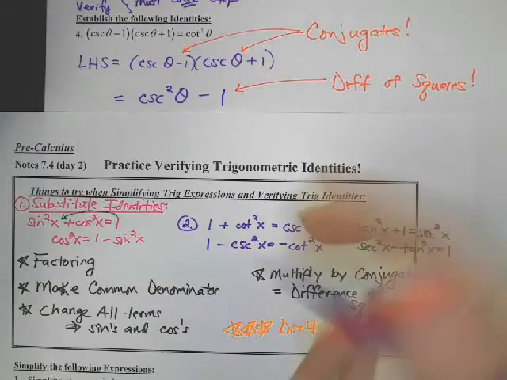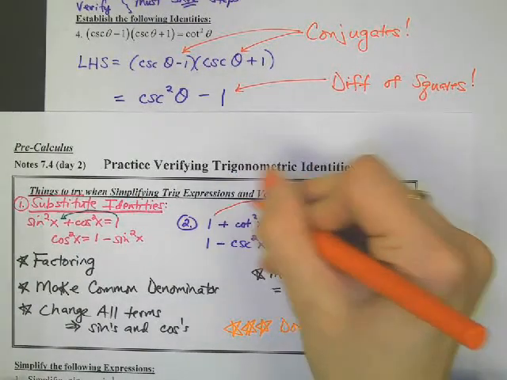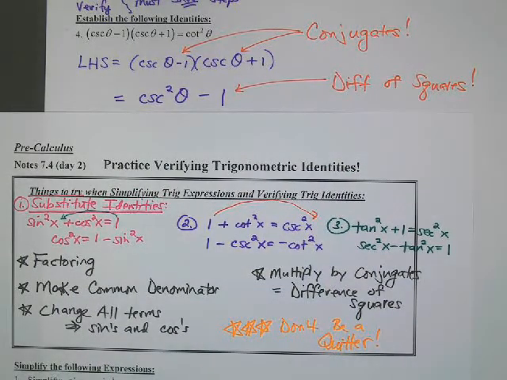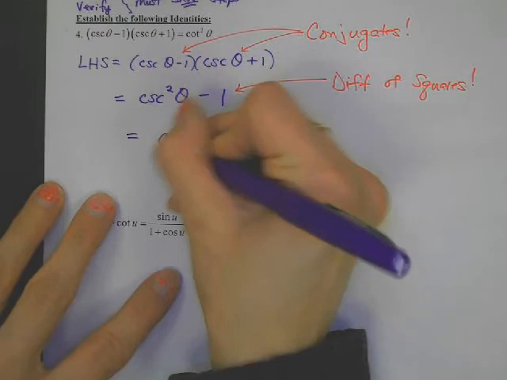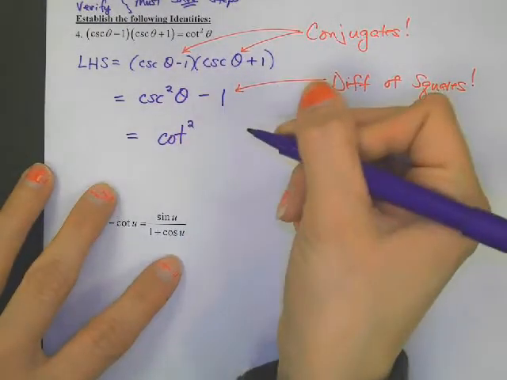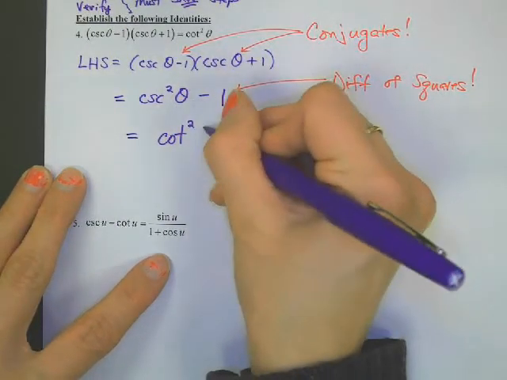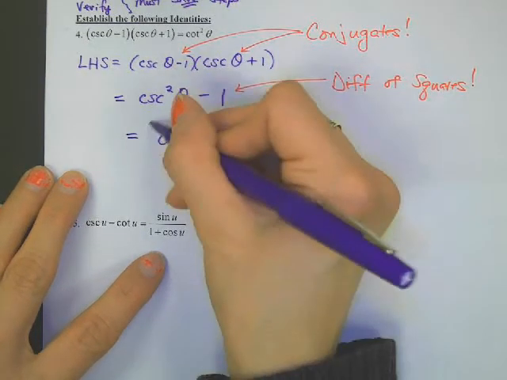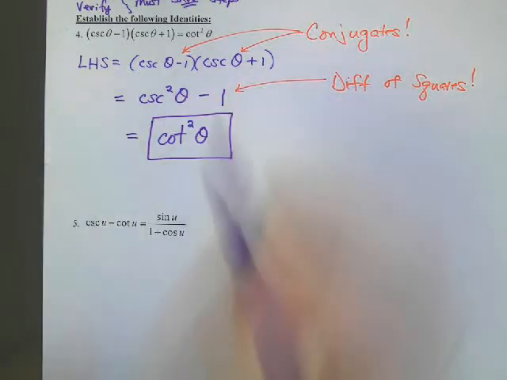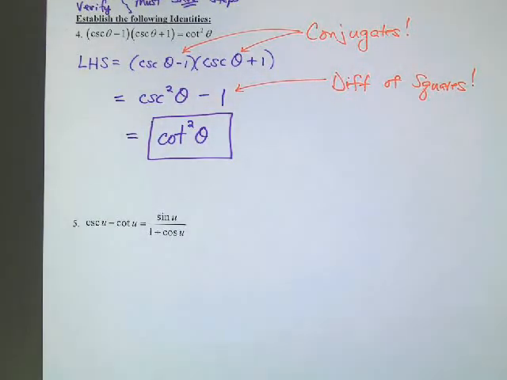If the 1 went on that side, that would give us cotangent squared. Cotangent squared of the angle, for this problem called theta. Do you think we're done? Yes, we have it down to one single term. We are done.